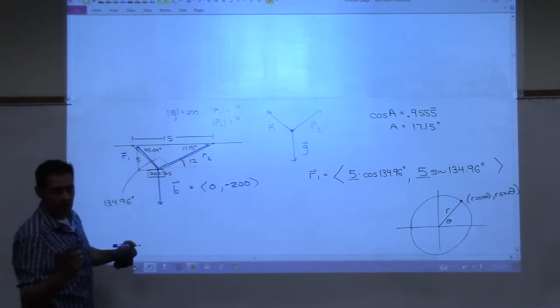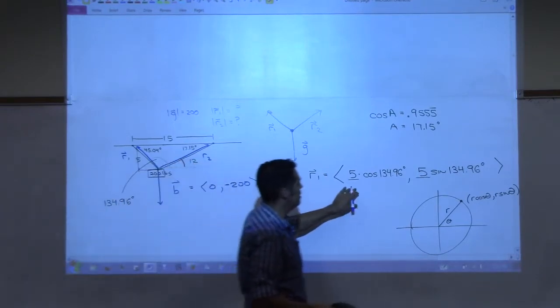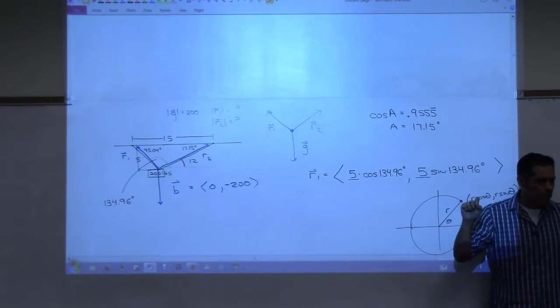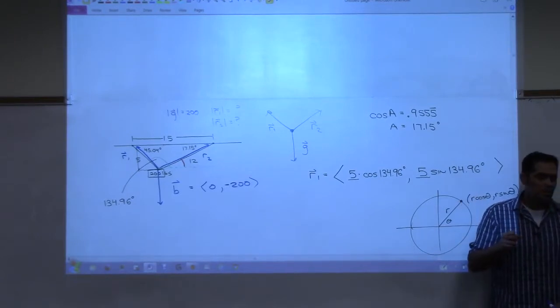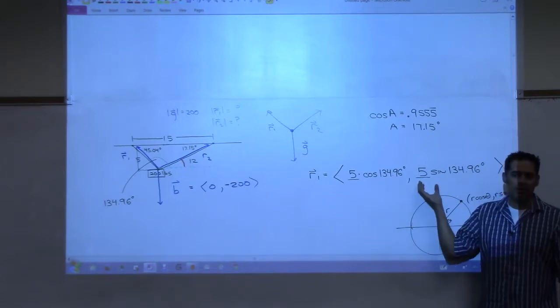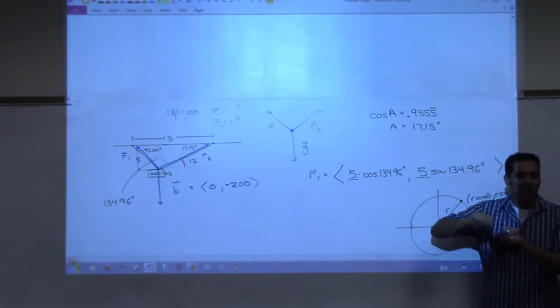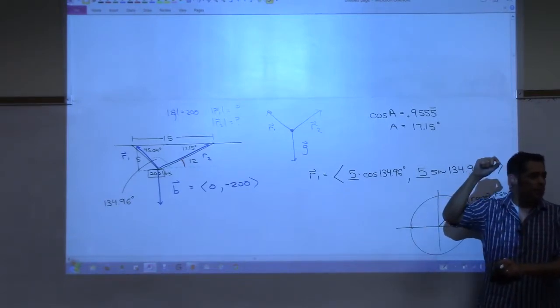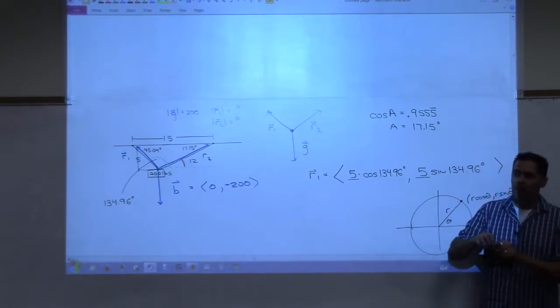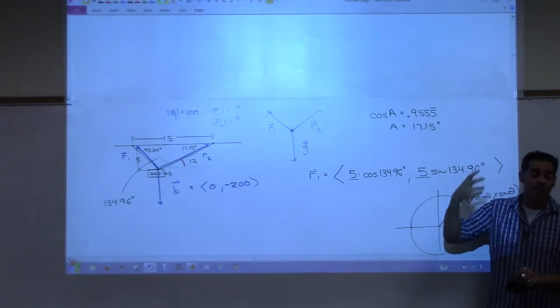R1, right? This is the most common mistake with a problem like this, confusing rope lengths with forces. Although this makes some sense, what this would give you is the x length and the y length of the rope. But we don't want that. We want the x component and y component of the vector.